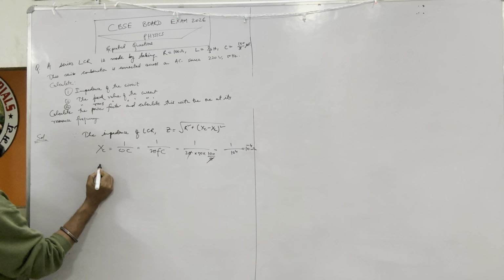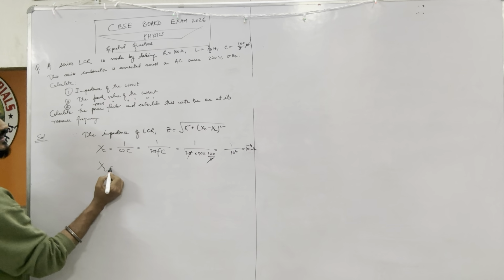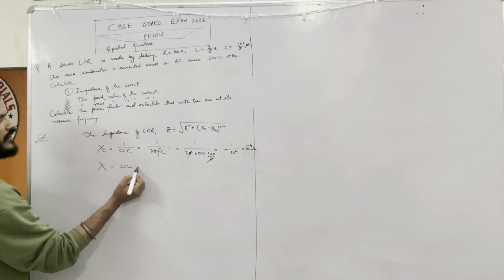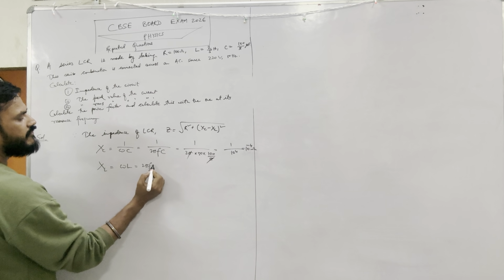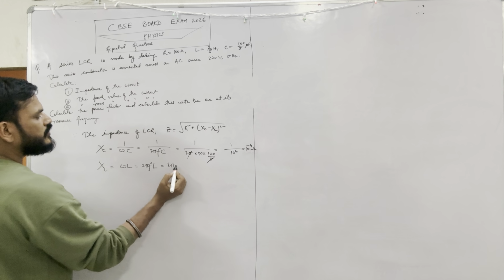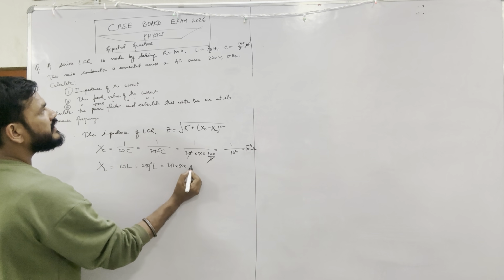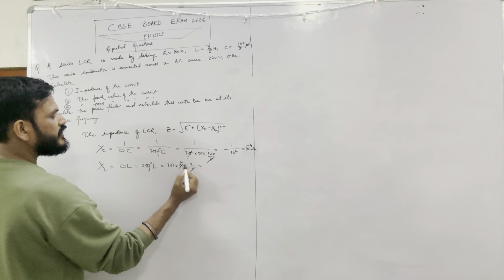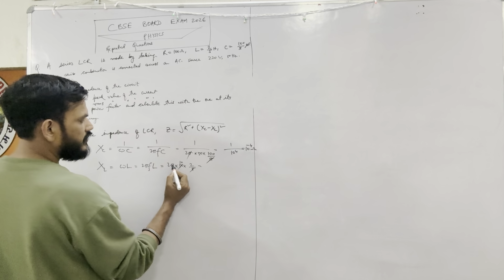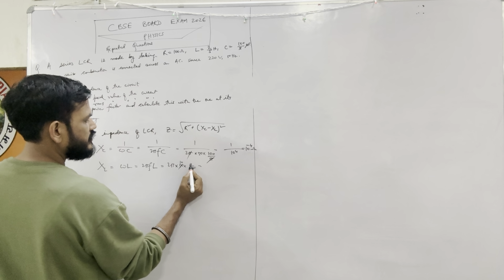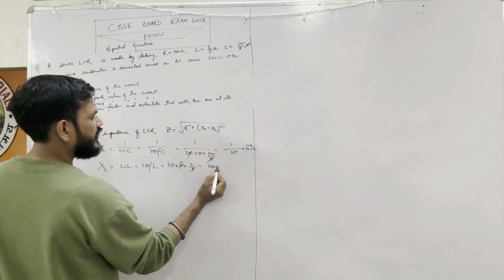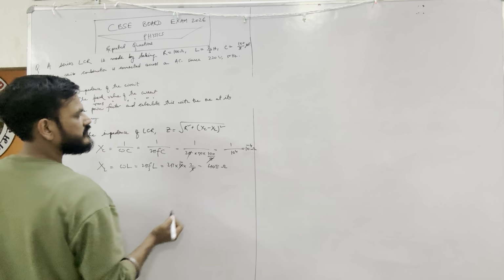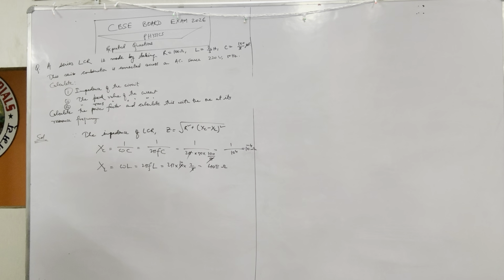So reactance for inductor is omega L. Omega is 2 pi f, so X_L is 2 pi into 50, and L is 2 by 5. So it becomes 40 pi ohms, right?